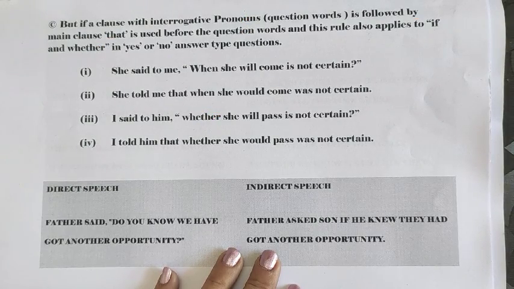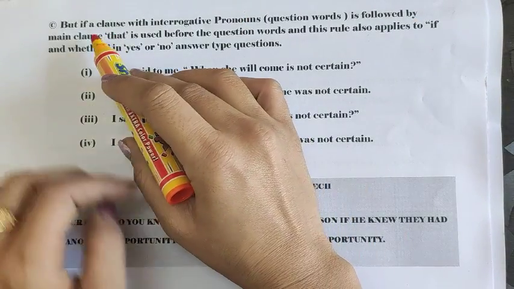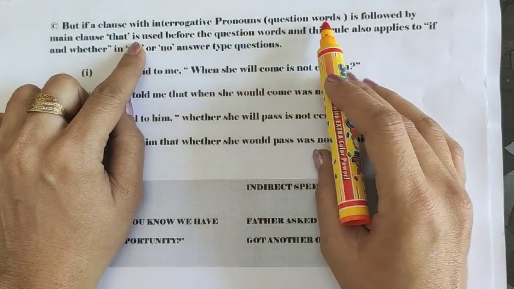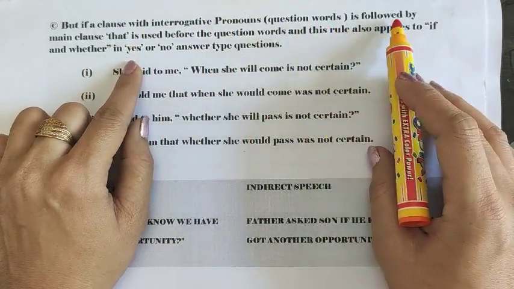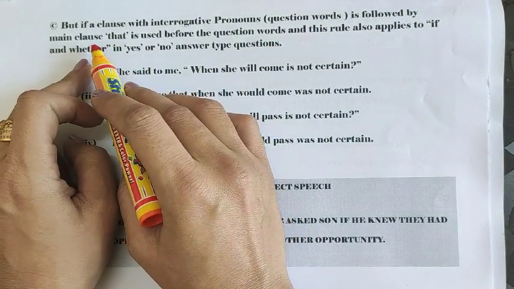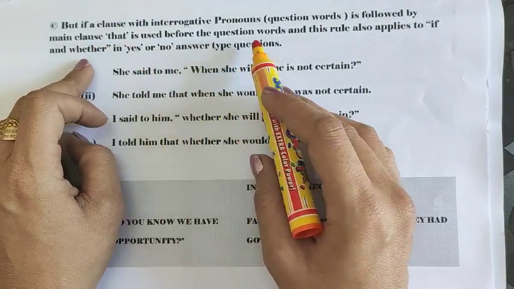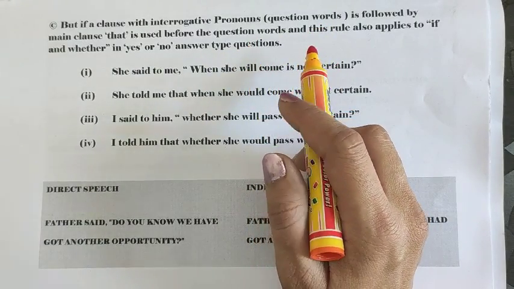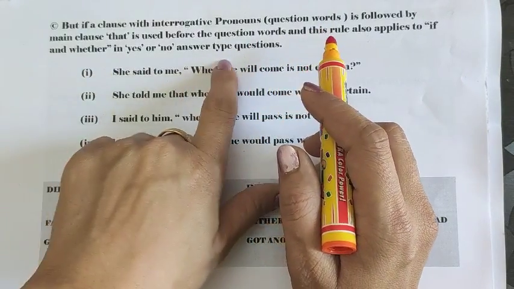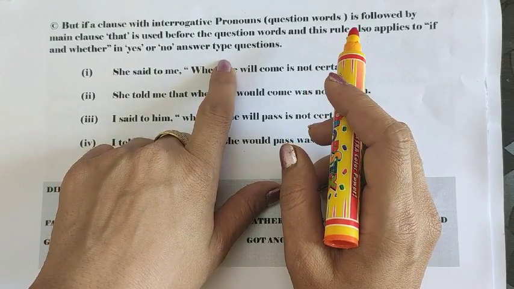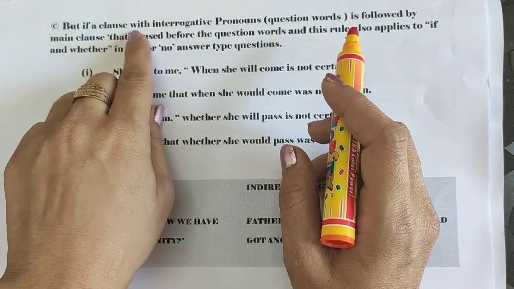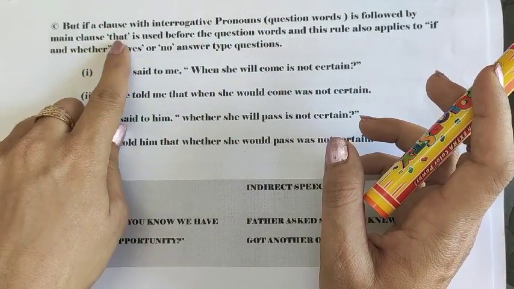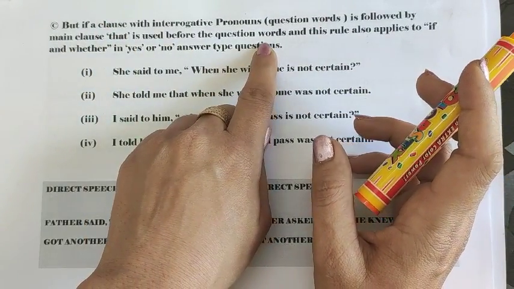And there's another rule. If a clause with an interrogative pronoun, like a question word, is followed by a main clause, then that is used before the question word.